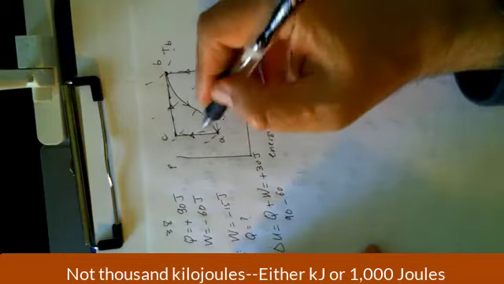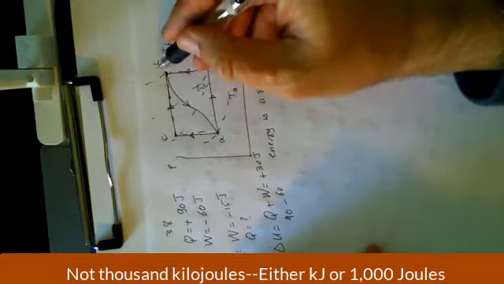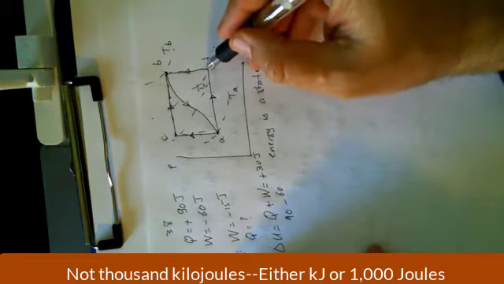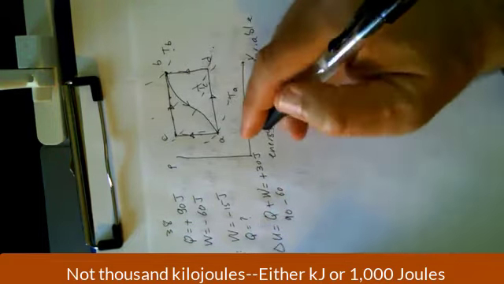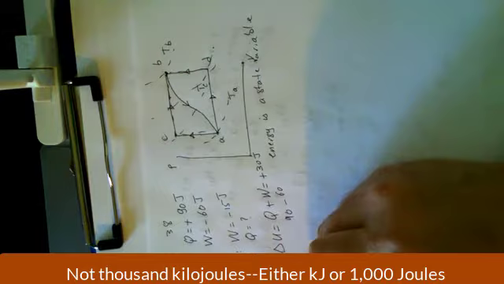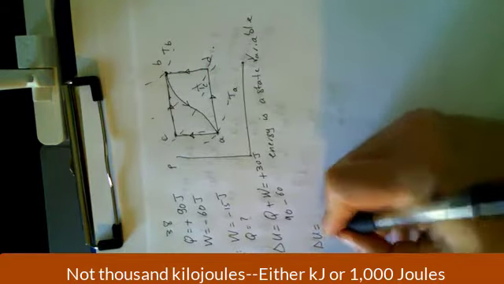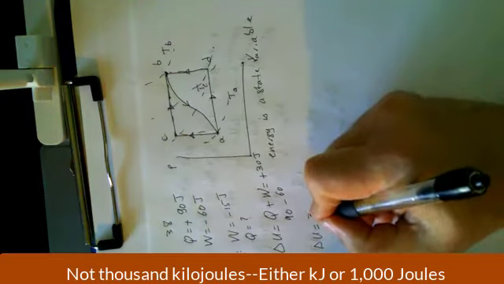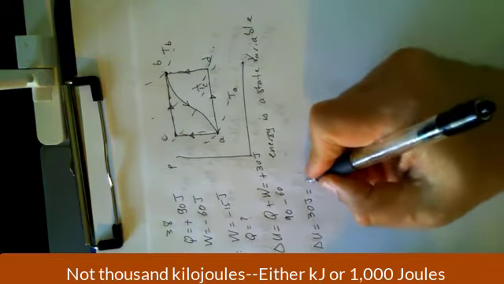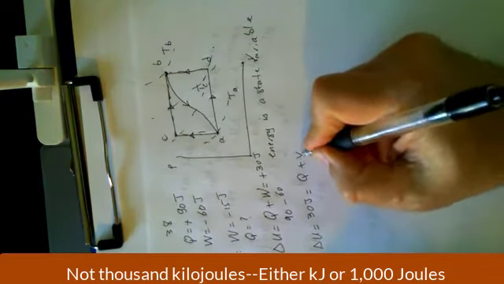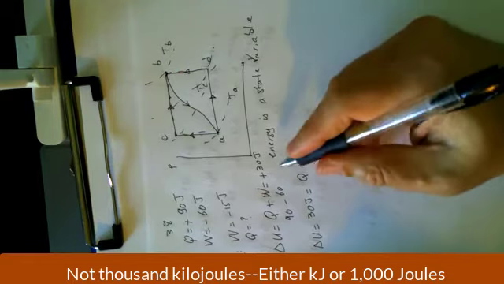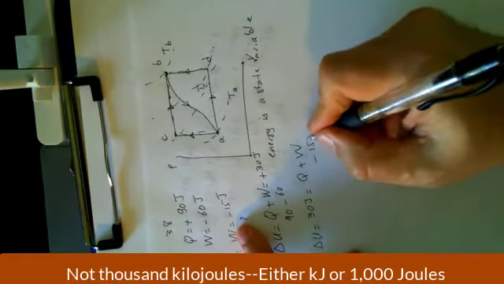So since we go from A to B via C, we can go to it via D, and we still need 30 joules. So for the path ADB now, delta U, which must be 30 joules according to this argument, must be equal to Q plus W. Well, I know how much W they said. It's negative 15 joules.